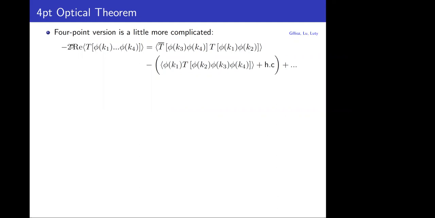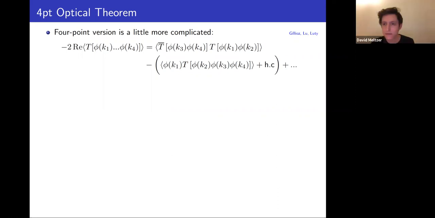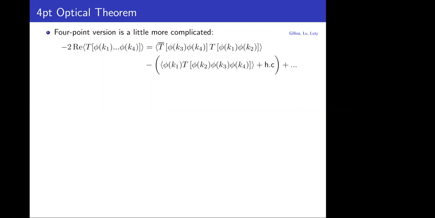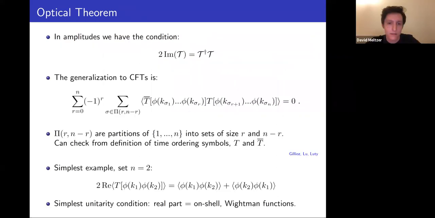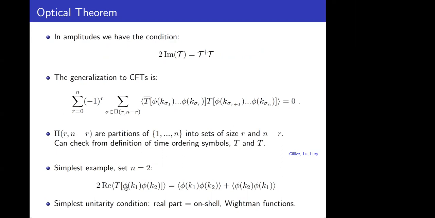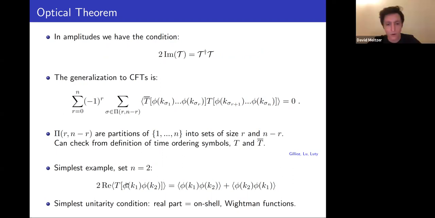Would you also talk about how you got this identity? I wasn't going to, but this one is a simple one to check. You just have to get the time ordering symbols.